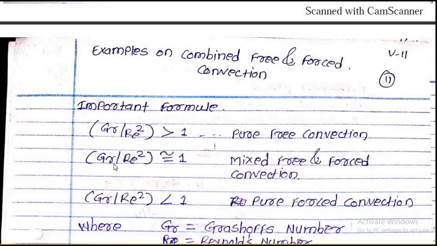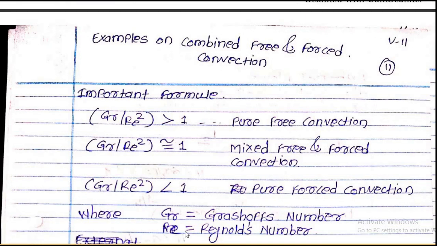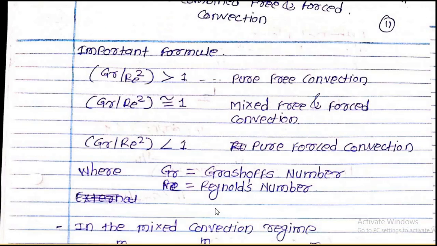And if this value of Grashof number divided by Reynolds number squared is nearly equal to 1, we can say that both phenomena are included, so we have to consider mixed free and forced convection, that is, combined free and forced convection. And if this value is less than 1, then we have to consider pure forced convection, where Gr is the Grashof number and Re is the Reynolds number.